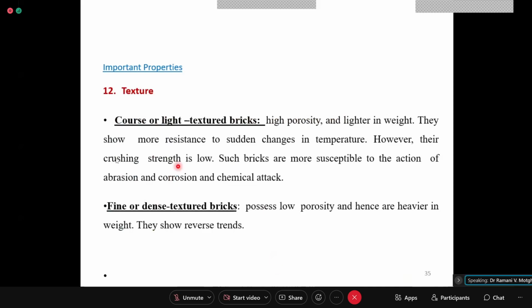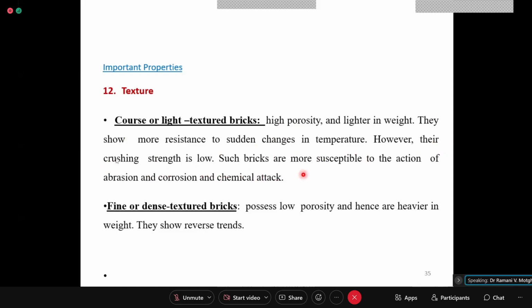Okay, then texture. Pores are light textured brick. High porosity and lighter in weight, they show more resistance to sudden changes in temperature. However, their crushing strength is low.